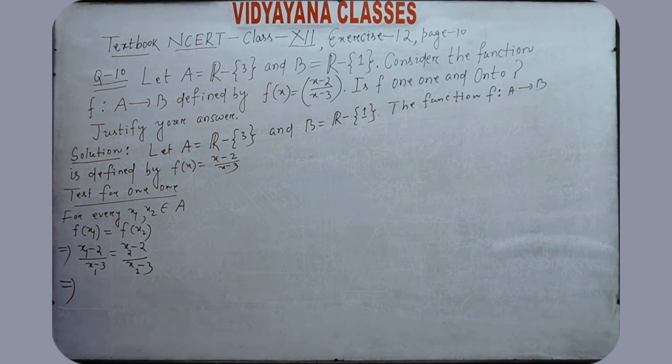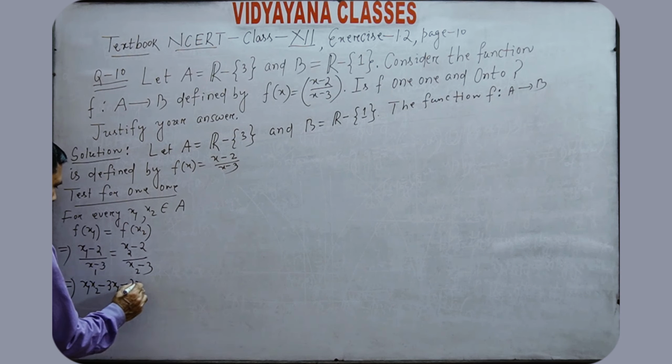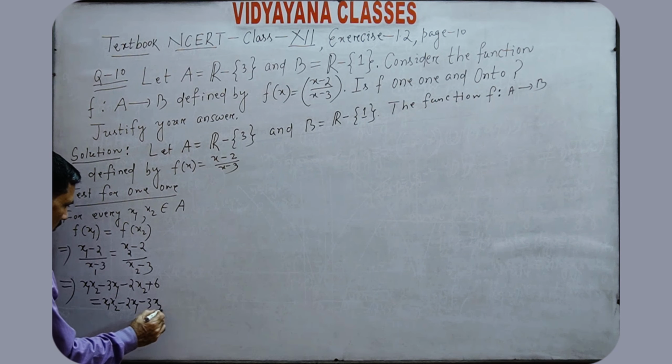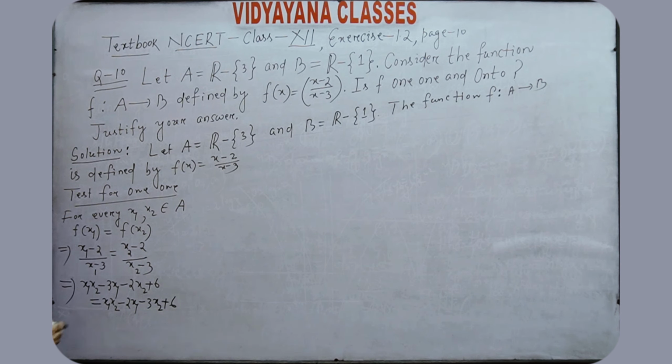By cross multiplication, it gives x1x2 minus 3x1 minus 2x2 plus 6 is equal to x1x2 minus 2x1 minus 3x2 plus 6. x1x2 cancels, 6 cancels, which implies minus 3x1 plus 2x1, that is minus x1, is equal to minus 3x2 plus 2x2, that is minus x2, which implies x1 is equal to x2. Clear?